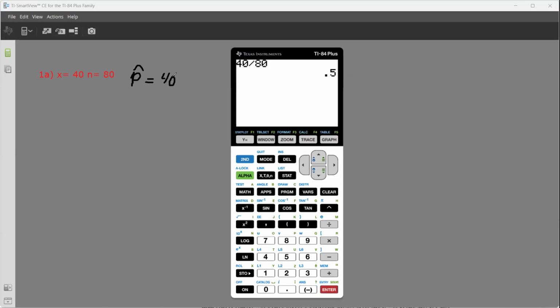And again, because 40 is exactly half of 80, q hat is going to be the complement of p hat. And so the complement is always 1 minus p hat. So p hat is 0.50.